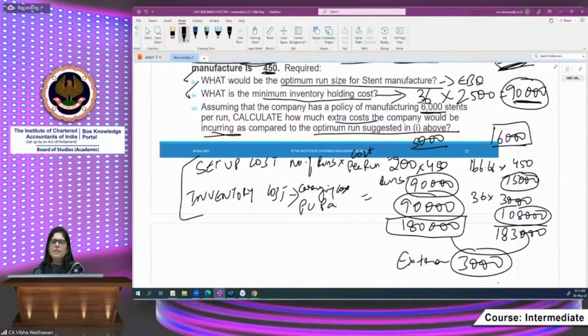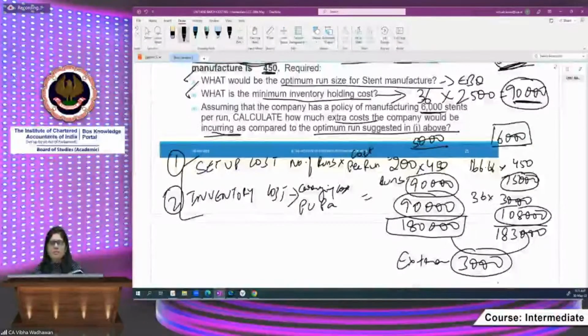Students, whenever the question is asking you extra cost, you should always calculate the total cost. Total cost means setup cost and inventory holding cost. I'm repeating. Whenever the question asks how much will be the extra cost if we are producing whatever number of units other than EBQ, you should always frame your answer with respect to total cost.